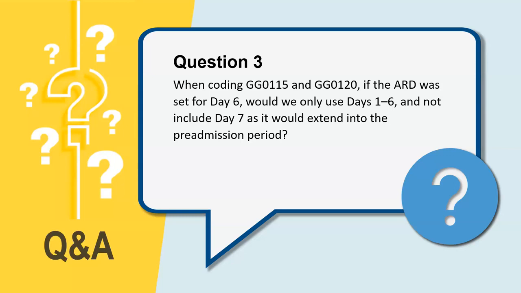Per the coding conventions listed in the Chapter 3 introduction, with the exception of certain items, for example, some items in sections J, K, and O, the look-back period does not extend into the pre-admission period unless the item instructions state otherwise. In the case of re-entry, the look-back period does not extend into time prior to the re-entry unless instructions state otherwise.